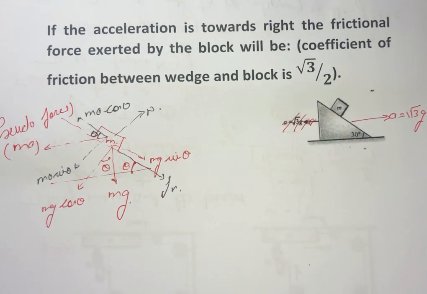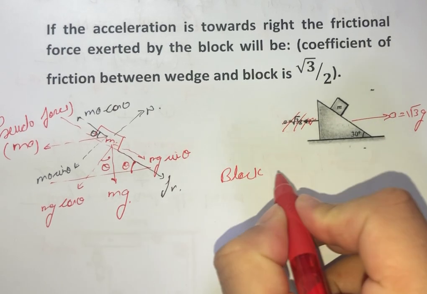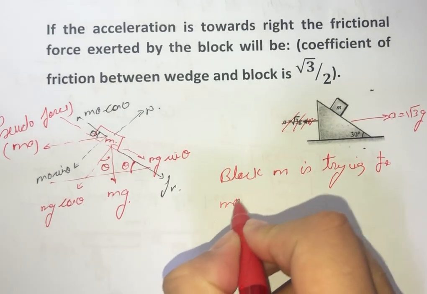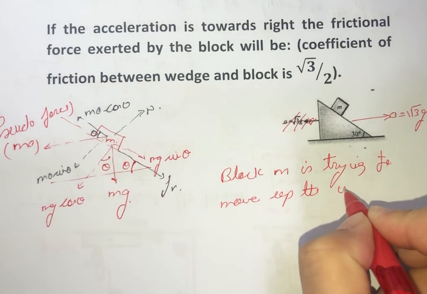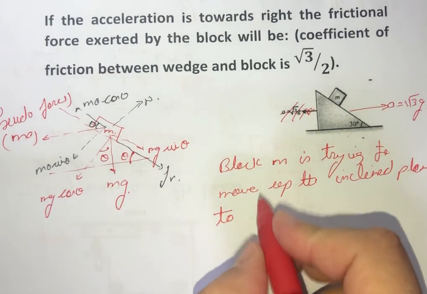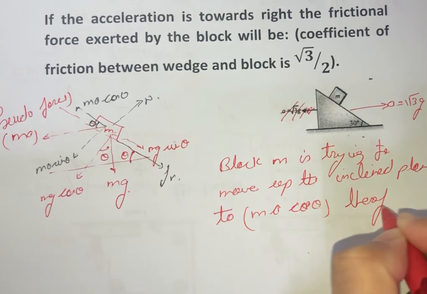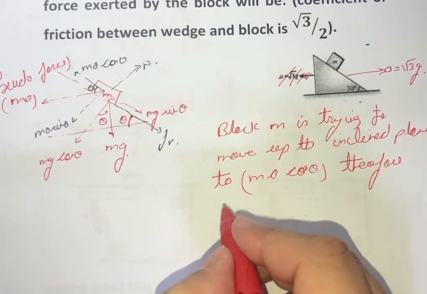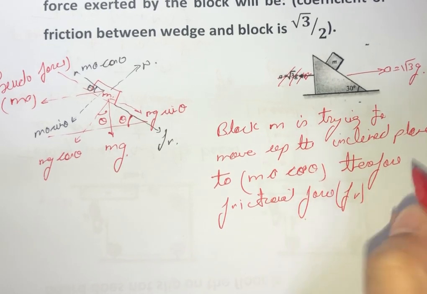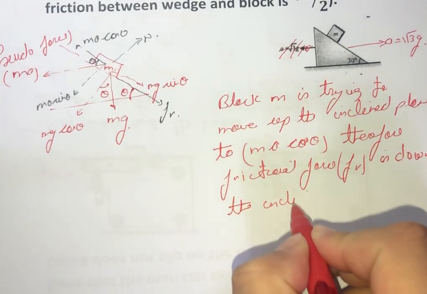In this case, we say block M is trying to move up the inclined plane due to ma cos theta, therefore frictional force Fr is down the inclined plane.